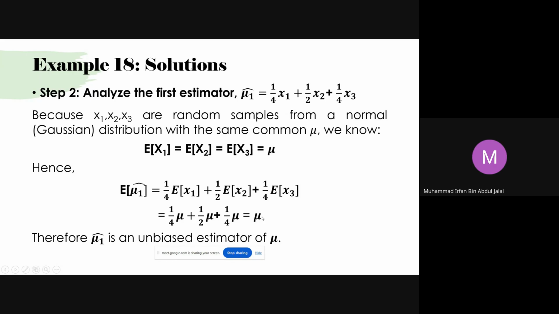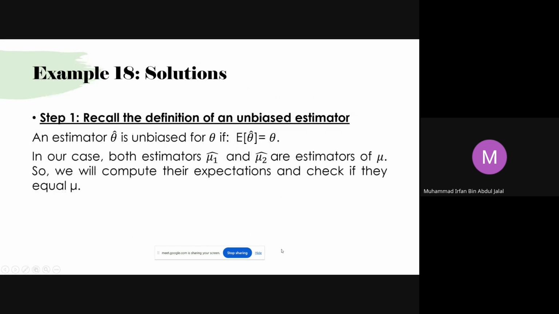Therefore, because the expectation of this estimator, mu1 hat, sama dengan mu here, it can be considered as an unbiased estimator of mu because it fulfills this condition. The expectation of theta hat can be considered as the general notation for any estimator of your interest, sample mean ke sample variance ke whatever, and it must be equal to theta, which can be your population mean ke population variance ke apa semua.